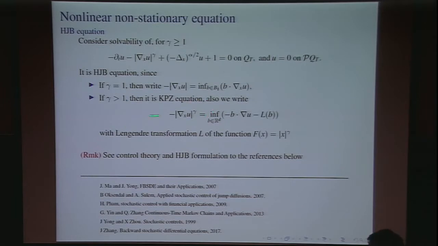So this is the HJB equation. If gamma is greater than 1, this is called the KPZ equation, which is very famous now, probably because Martin Hairer proved the regularity structure for the KPZ equation. But that one has a different story. It has space-time white noise. Here, this is the deterministic KPZ equation. And also, you can use the Lagrangian Legendre transformation to write it in the form of our classic Bellman equation.